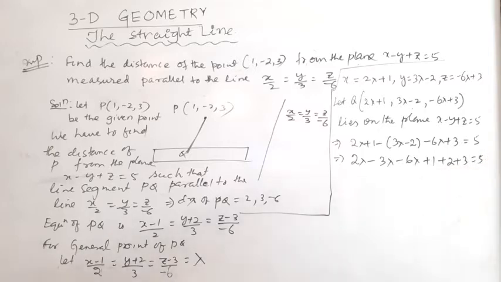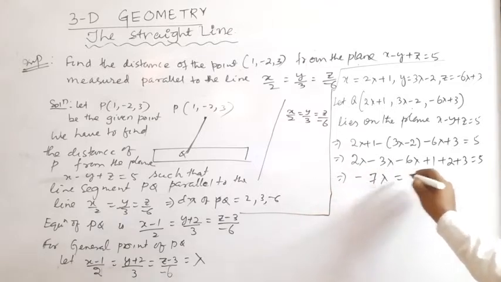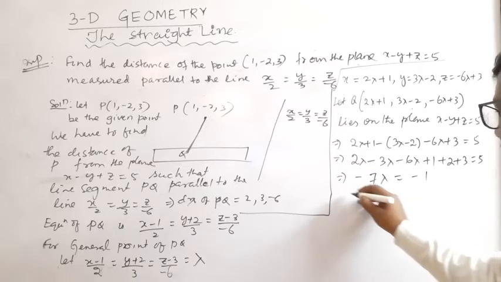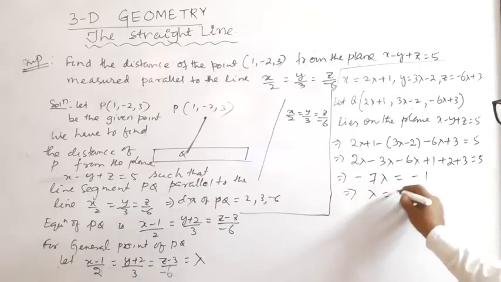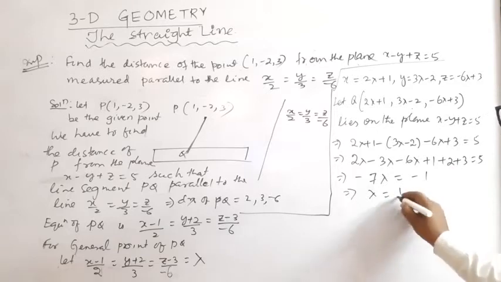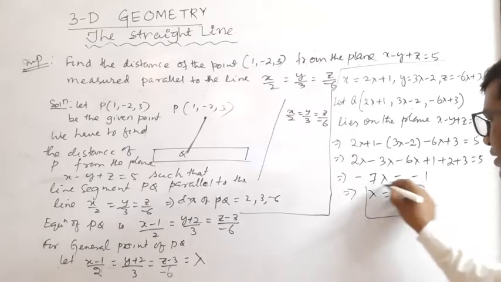So this is minus 7 lambda is equal to 5 minus 6, that is minus 1, and lambda is equal to 1 by 7.